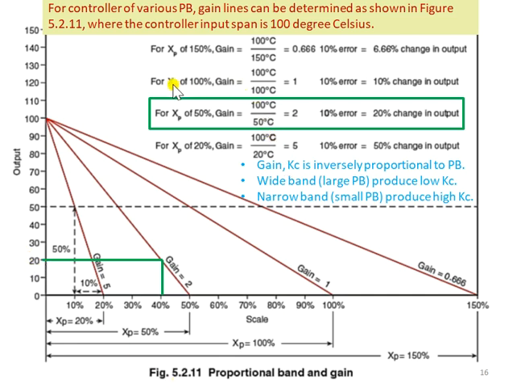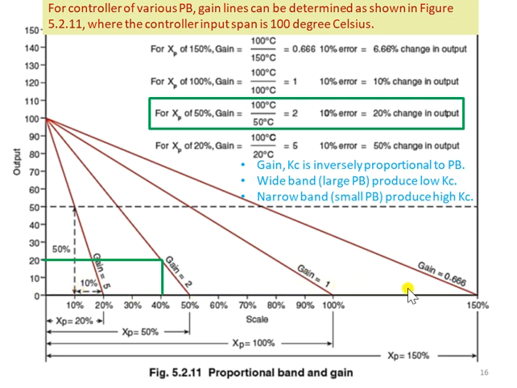Same goes to the next one, which is a gain of 1. 10% will cause 10% change in output. So 10% error will cause 10% change in controller output.